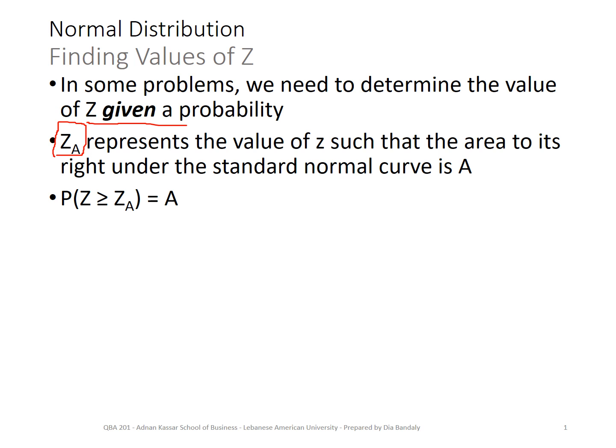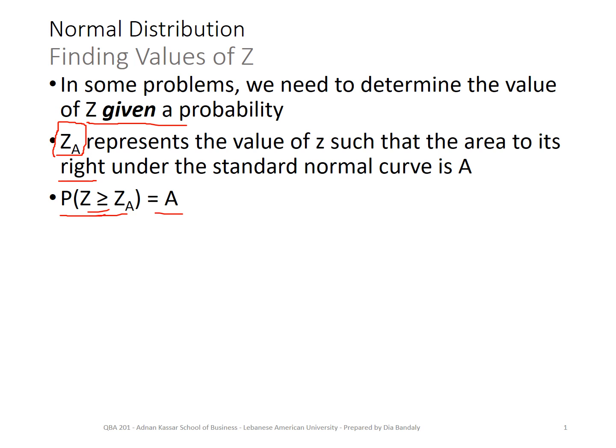Now we are using a subscript A to represent the area on the right hand side. Why this? Because this is common, and we need to learn about that. So in other words, P(Z > z_A) is A.